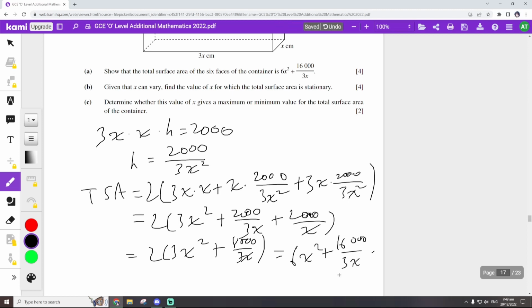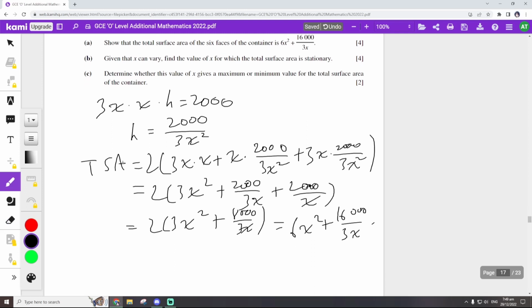Given that x can vary, find the value of x for which the total surface area is stationary. Okay, so let's say I call this A, so that I get dA/dx, you'll get 12x minus 16,000 divided by 3x squared, right?